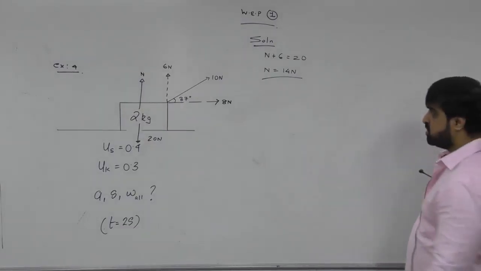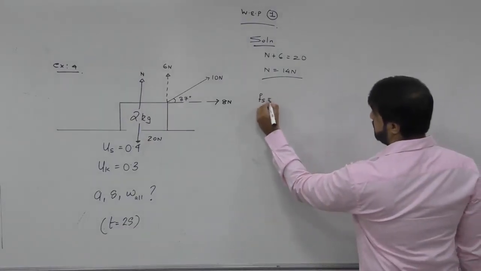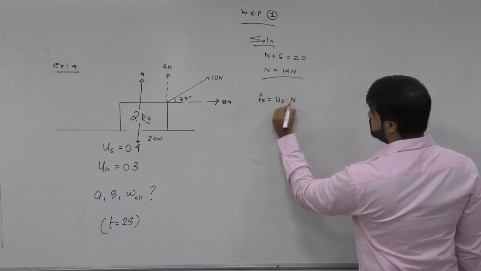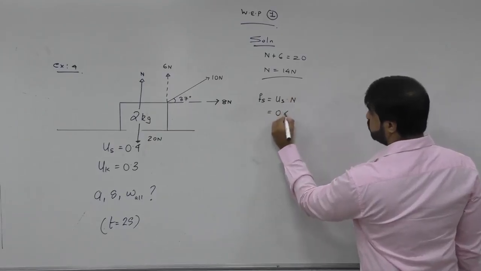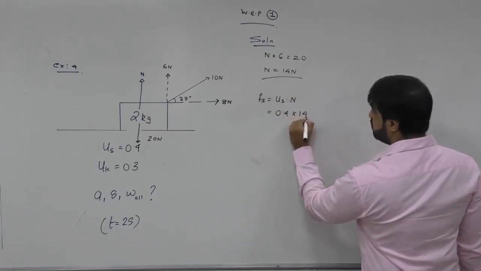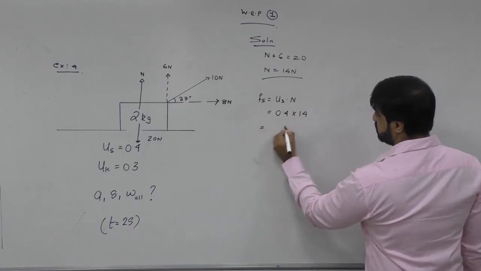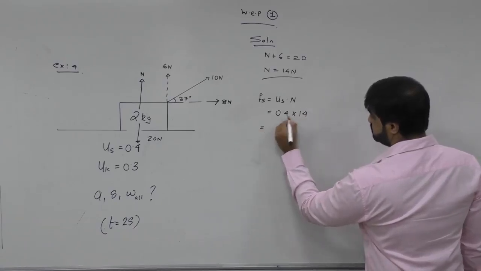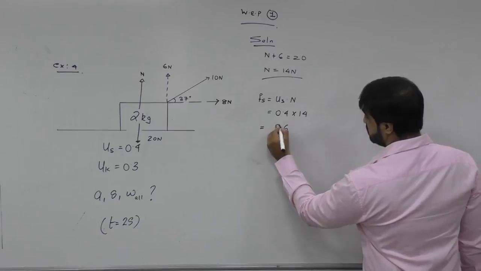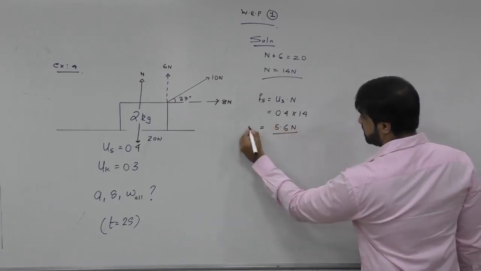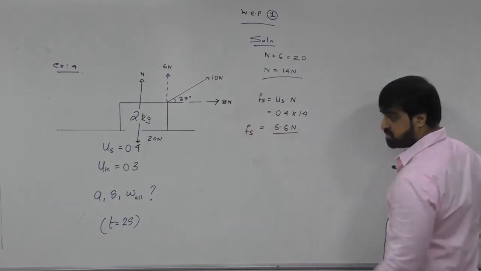Yes or no? Fs is mu s into N. How much is mu s, beta? 0.4 into 14. Understand? How much is this? Correct? What is Fk?